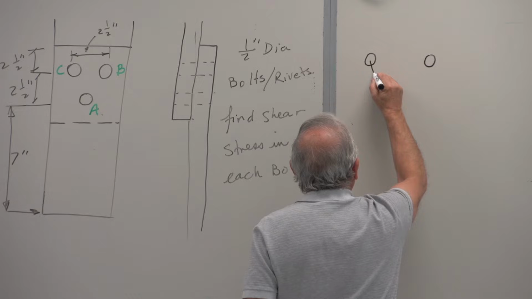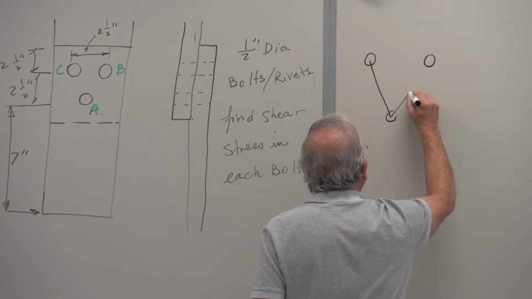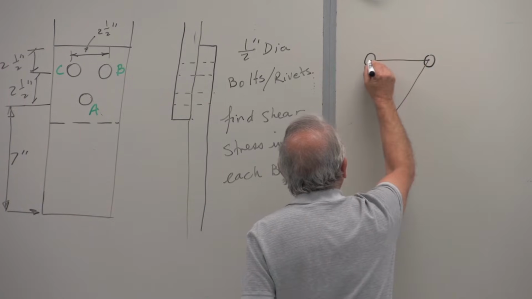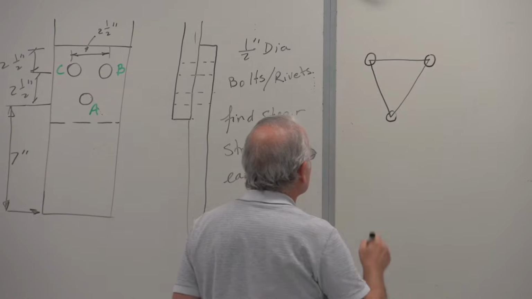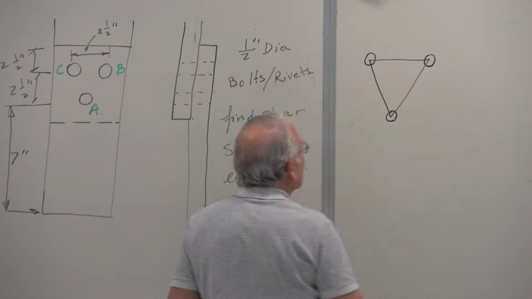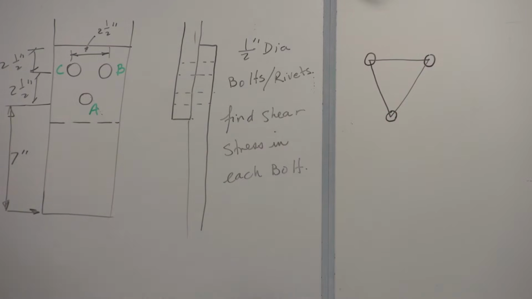You have a triangle here, connecting the centers of bolts, all of them 1/2 inch diameter.